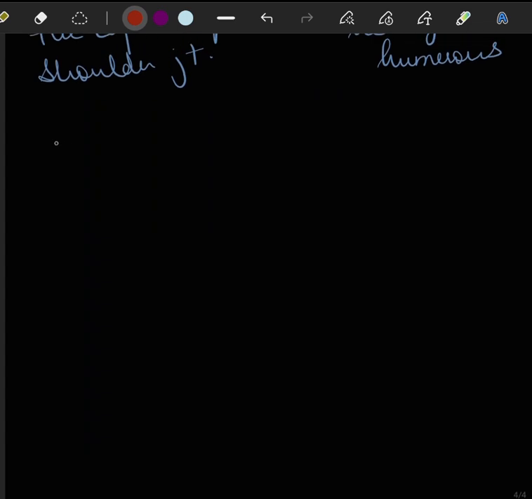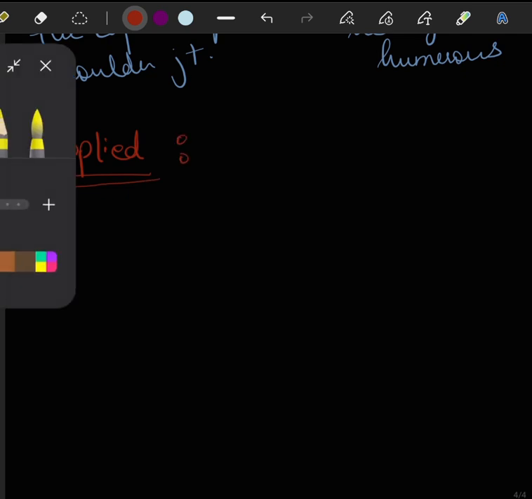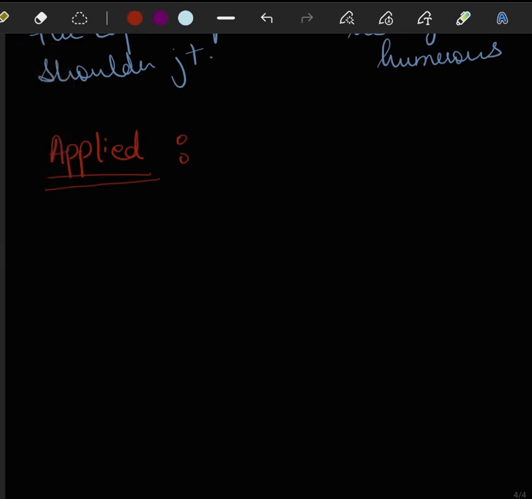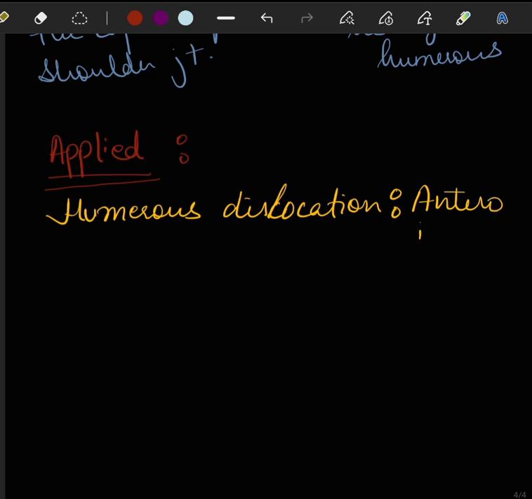Then we will write our applied aspect. What is the applied aspect of this rotator cuff? So the applied aspect is, now if any trauma occurs on the shoulder joint, most common representation will be humerus dislocation. At which direction? It will be always in antero-inferior direction. Always in antero-inferior direction. Why?